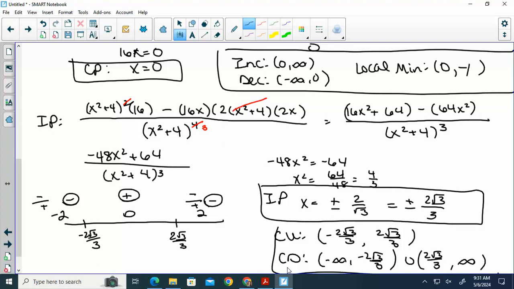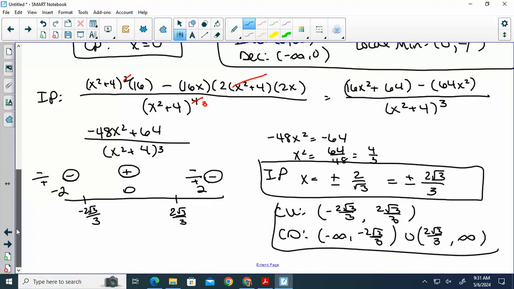All right. So now we have found all the stuff I asked for. We need to plot it all on our graph. So our inflection points, what do I need to be able to graph those? Ordered pairs. What am I plugging them into to get the ordered pairs? The original, because I need the point on my actual graph.